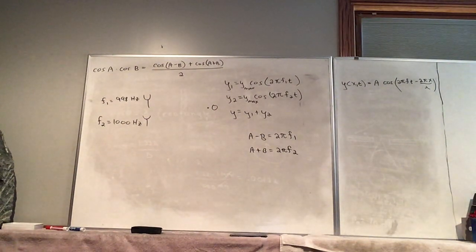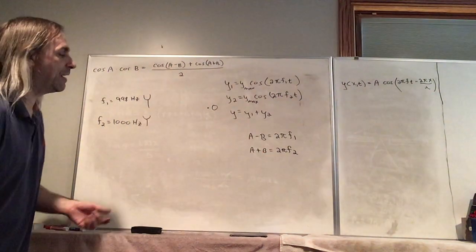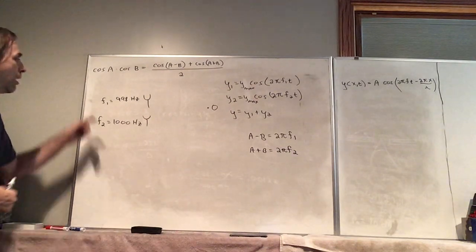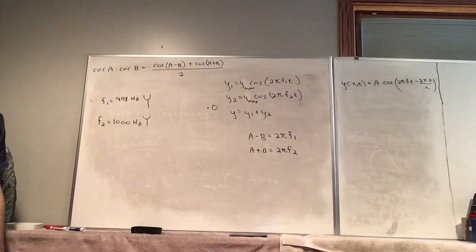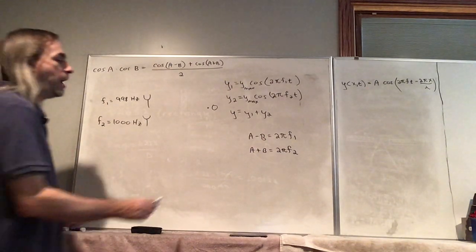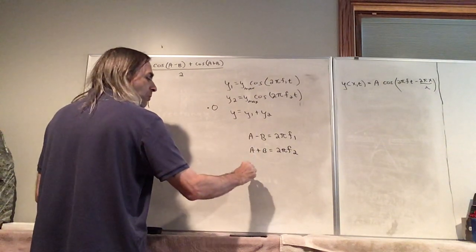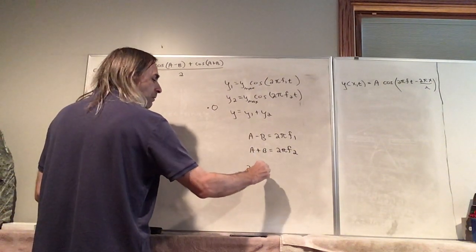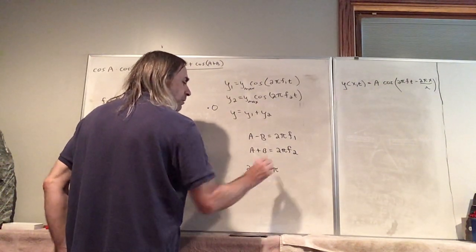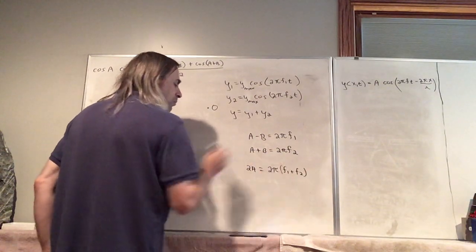I did it this way because A minus B is obviously going to be less than A plus B if we're dealing with positive numbers here, and f1 is less than f2. Now if we add these two equations, the B's cancel out, so 2A is going to be 2 pi times f1 plus f2.